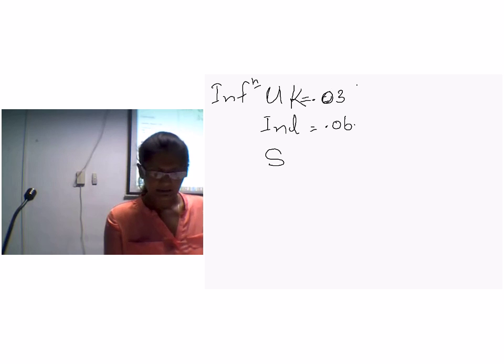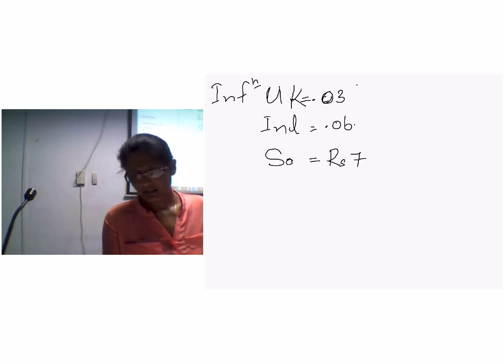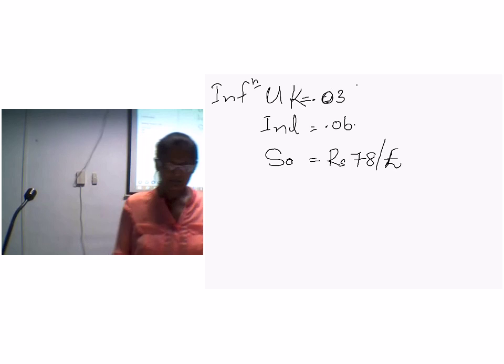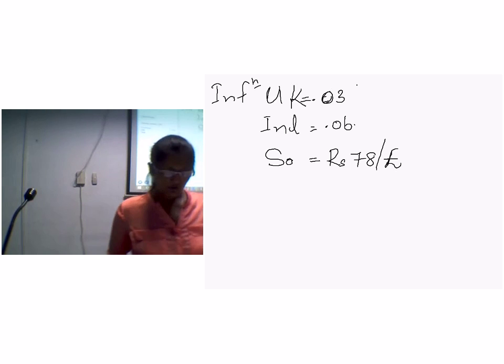S0 is also given, which is 78 rupees we have to pay to buy 1 pound.